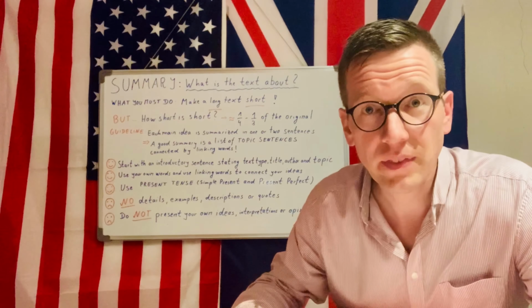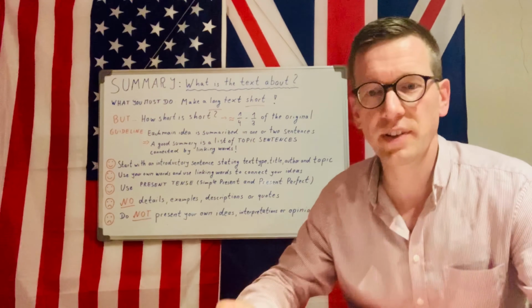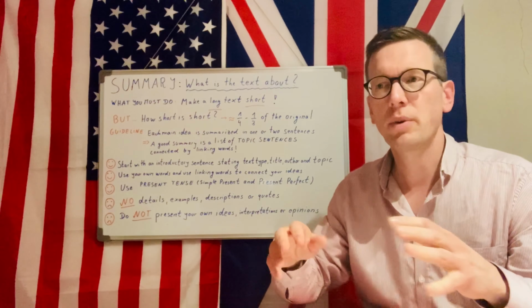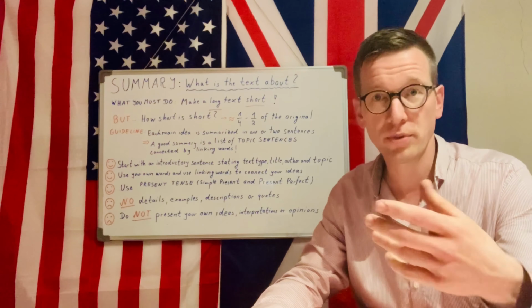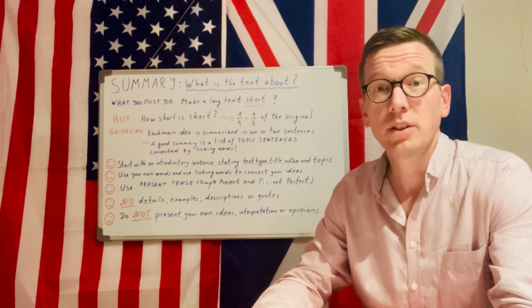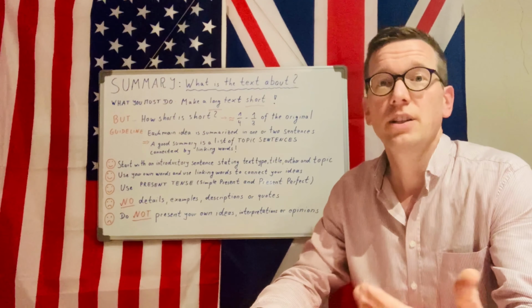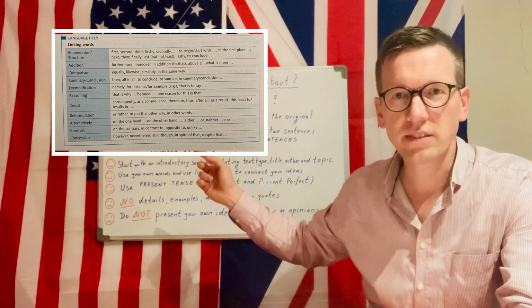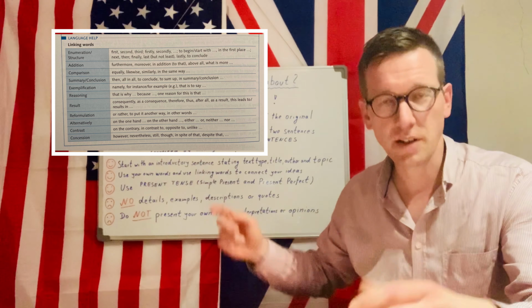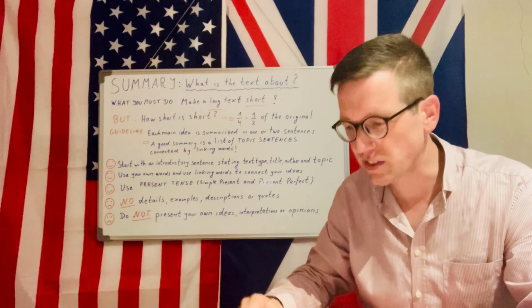By the way, in your textbooks, you find lots of lists, tables and boxes with words and phrases that help you to improve your English and your writing style. For example, you will find lots of boxes showing linking words. Use them. They are there for a good reason.